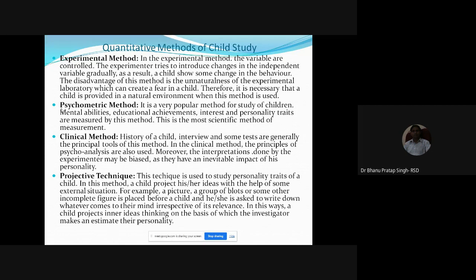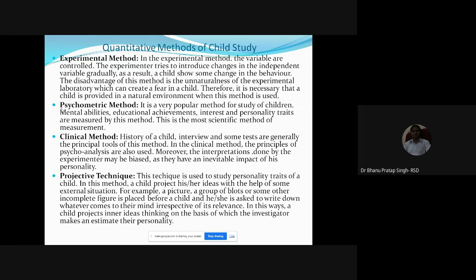So it is the duty of the teacher, when experimenting, that the child should be provided a natural environment. He should not try to have more control on one variable. It should be a natural environment.